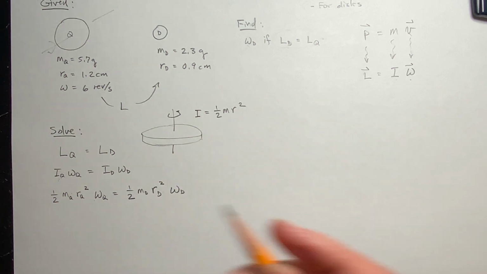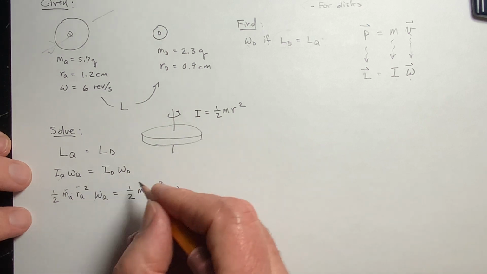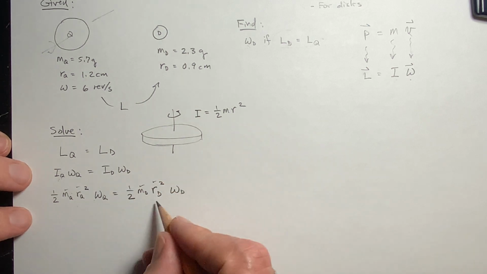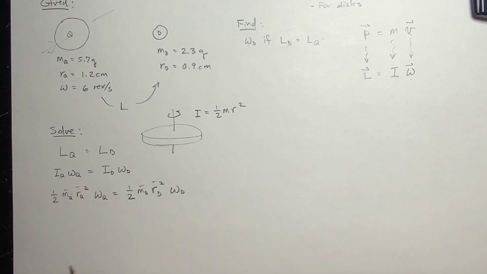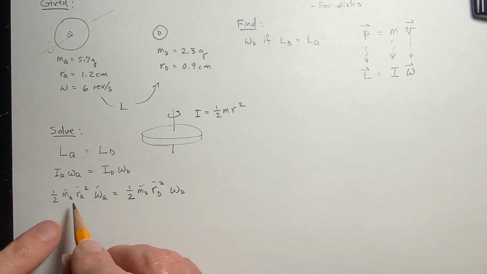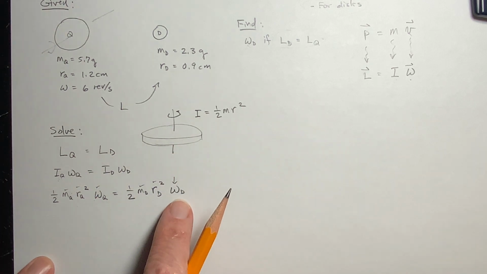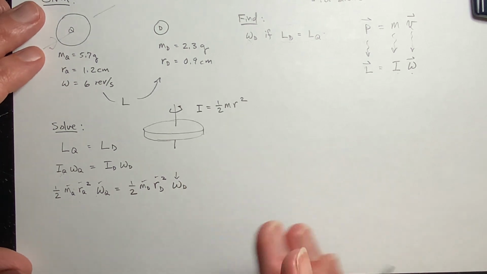Well, what do we know? We know the masses, and we know the radii for the quarter and the dime. And we know what the angular velocity of the quarter is. So the only thing I'm trying to find is here. So all I have to do is solve for this. So this is a pretty simple problem, actually.